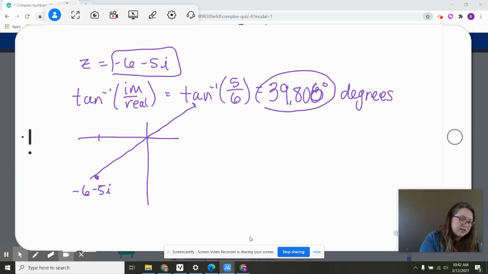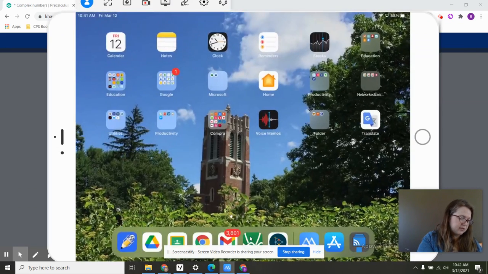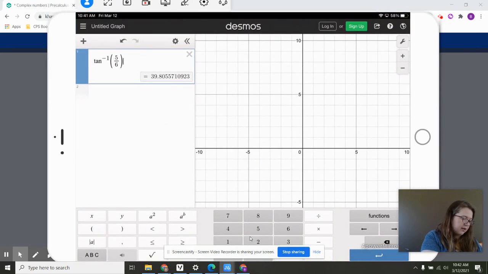So we are going to take that 39 and subtract 180 from it, because that's the same as pi. That puts it directly across the graph from that. So we do that 39.806 subtract 180, and we get -140.2, I think we just rounded to the tenth.